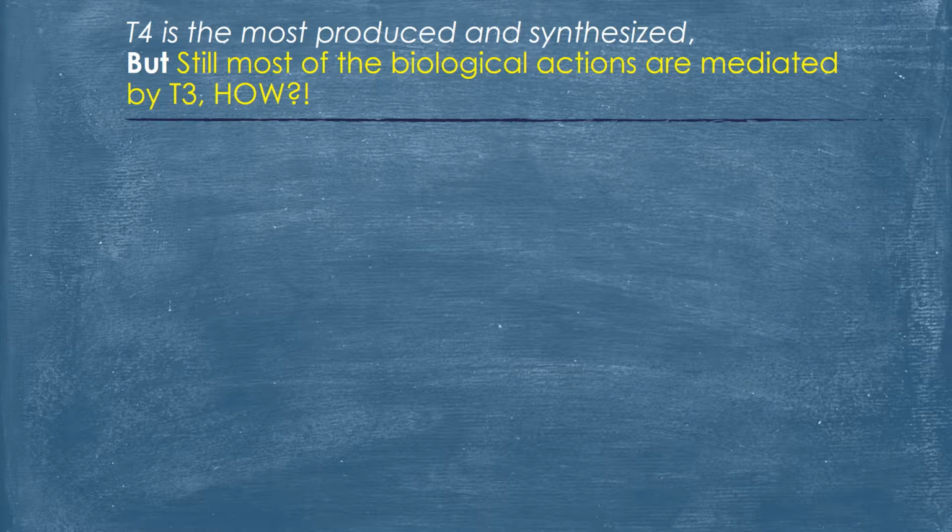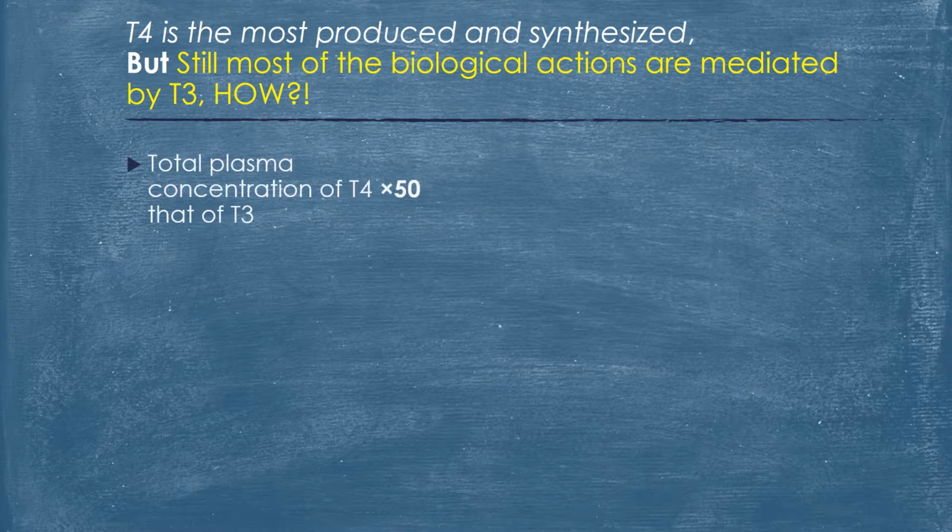Okay, T4 is the most produced and synthesized, but still most of the biological actions are mediated by T3. How is that? Why is most of it produced as T4, yet most of the biological actions are mediated by T3? So what is the answer here? Let's review. Total plasma concentration of T4 is 50-fold more than T3.